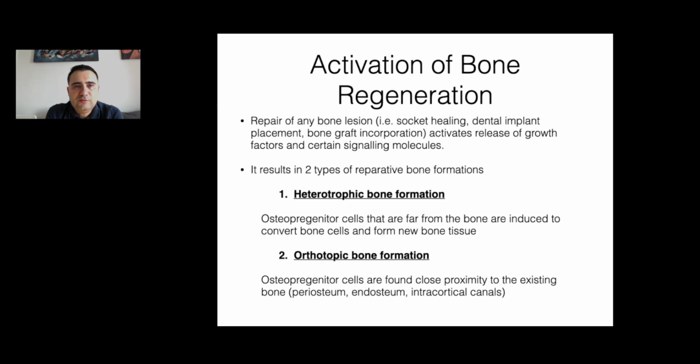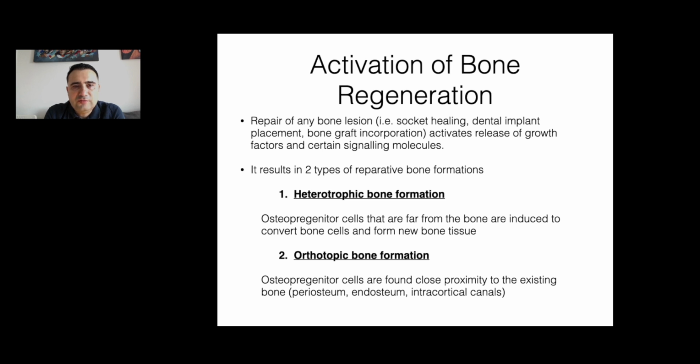Here we are in need of repair of a bony lesion, such as socket healing, dental implant placement, or bone graft incorporation. In this kind of situation, there is activation and release of growth factors and certain signaling molecules.